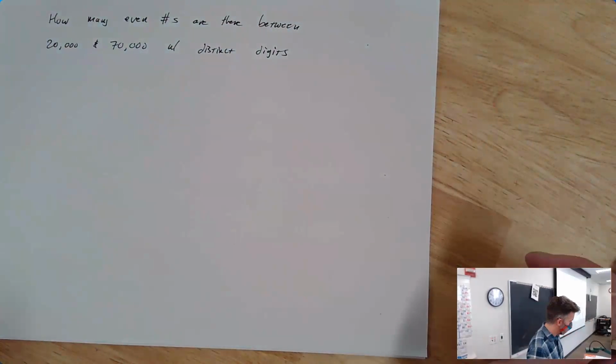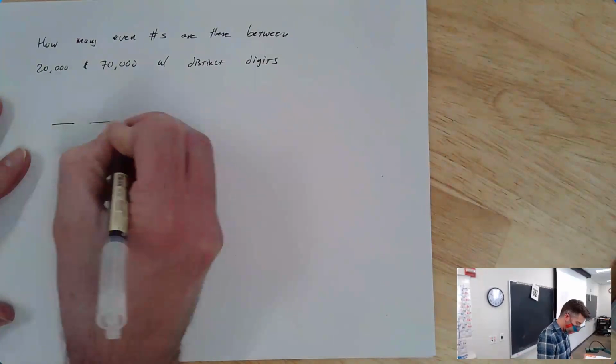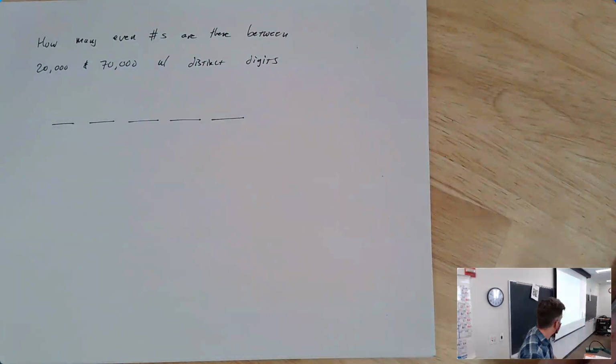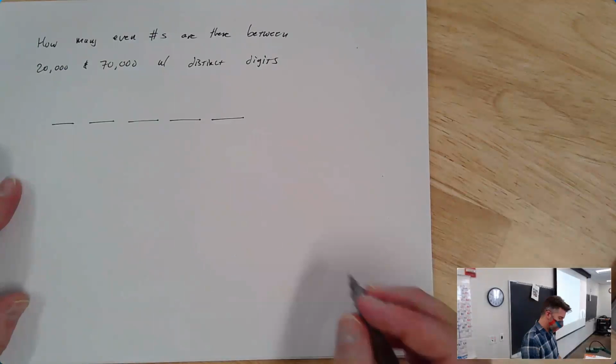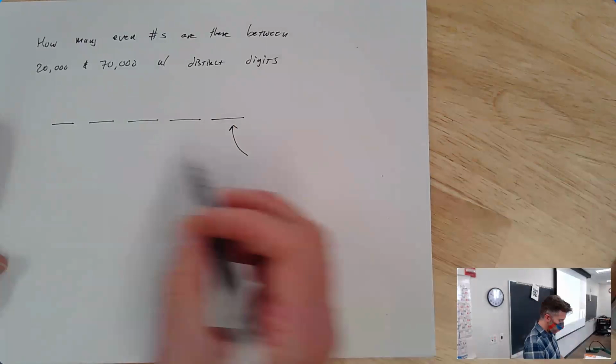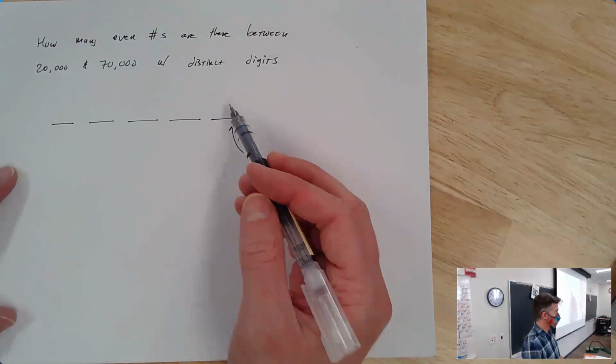Okay, so I'm just going to give myself some space to work with. There are my 5 digits. Now I want to think about what kind of restrictions I have for each spot. So let's look at the last spot here first. If this 5-digit number is an even number, that last digit better be what?